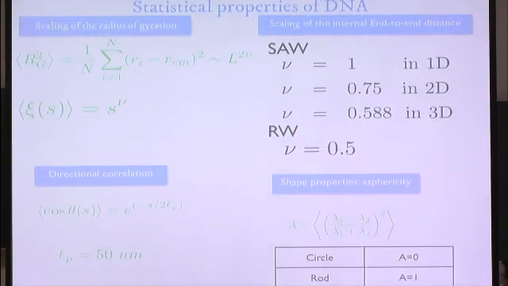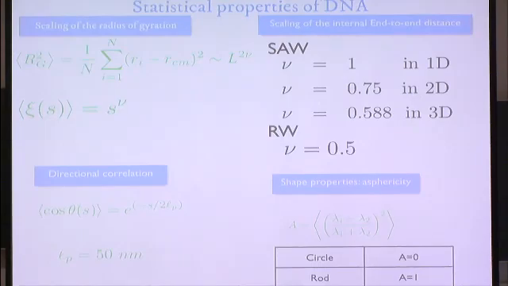I just put them so that you remember. The directional correlation function is an exponential function, and out of this exponential decay, you can get out the persistence length of the polymer.